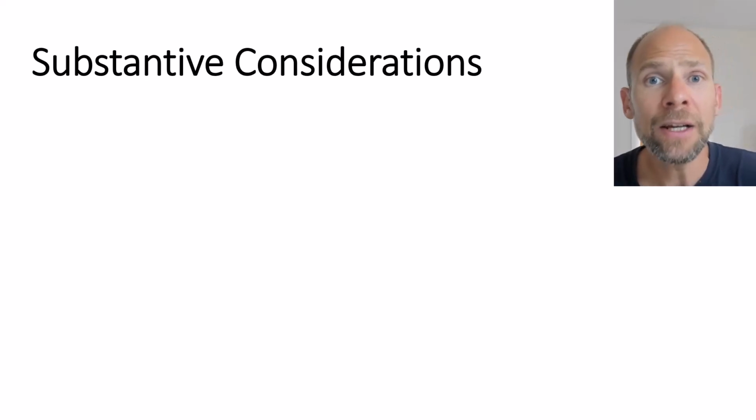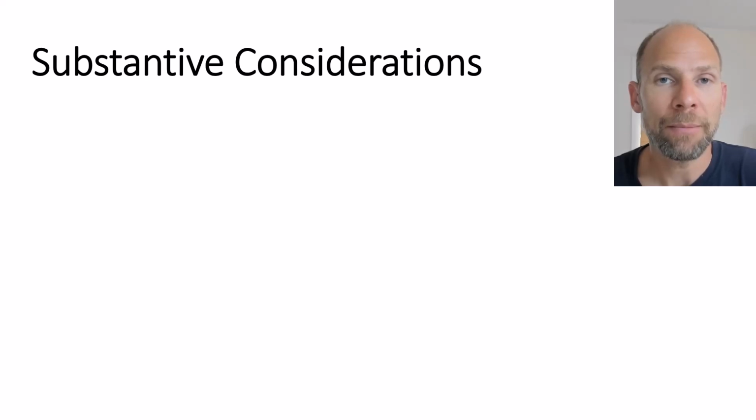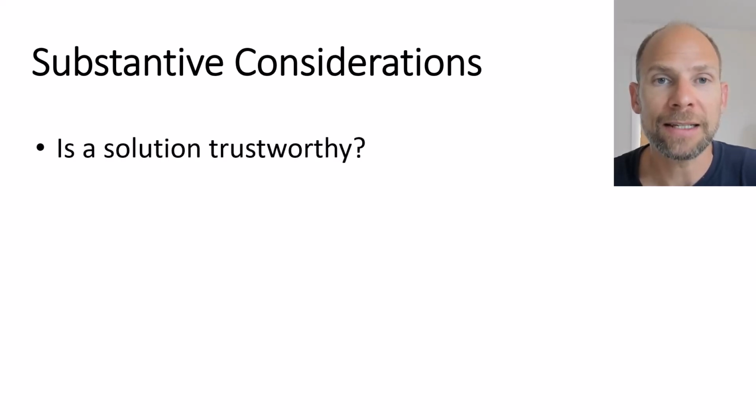And then finally, we should also take into account substantive considerations when we make a decision about the number of classes. And the first, maybe most important substantive consideration here is whether a solution is trustworthy.